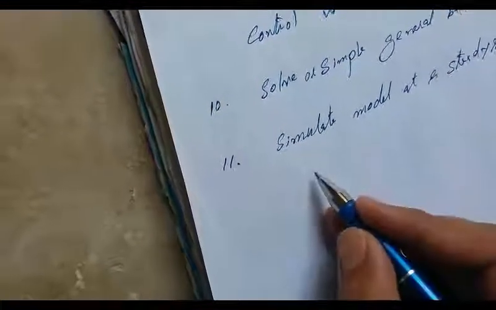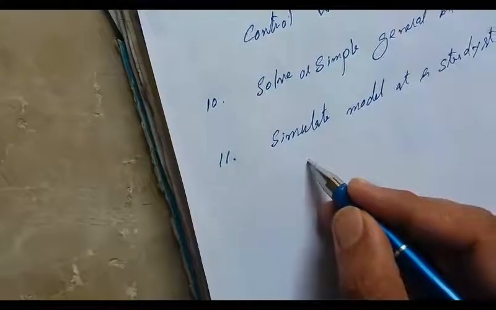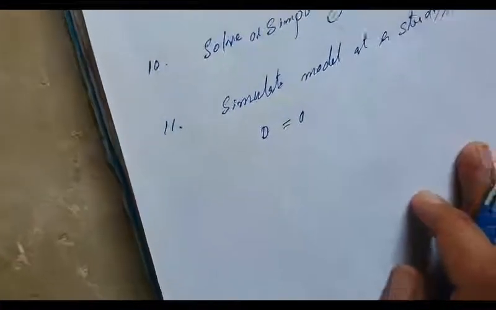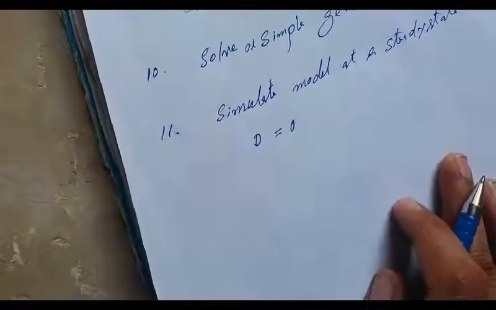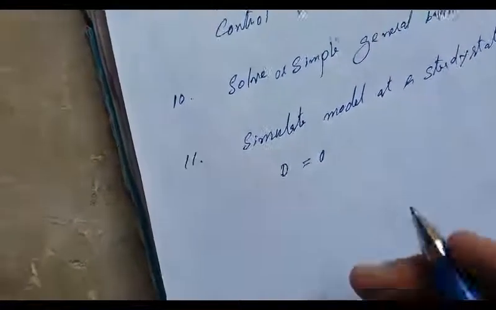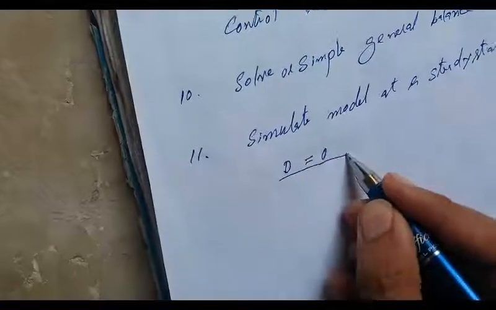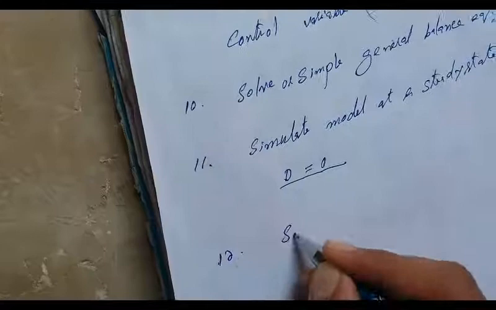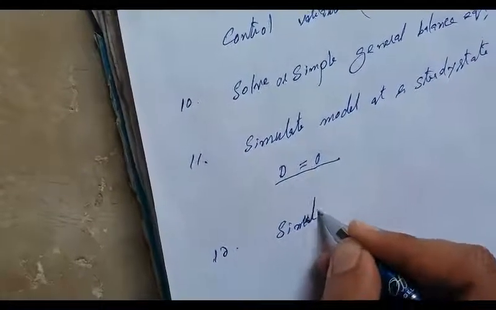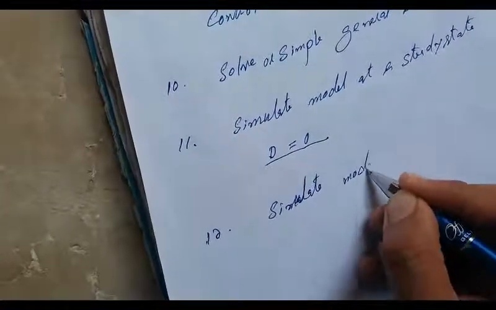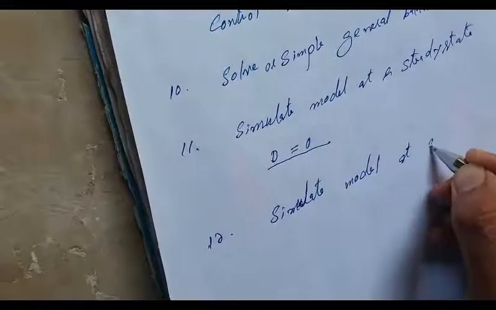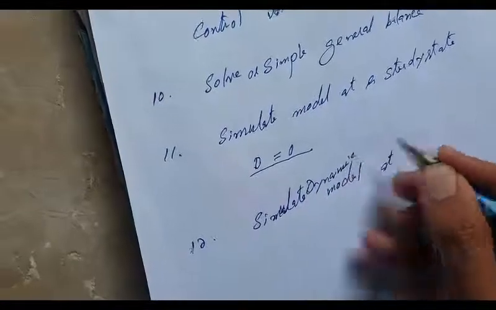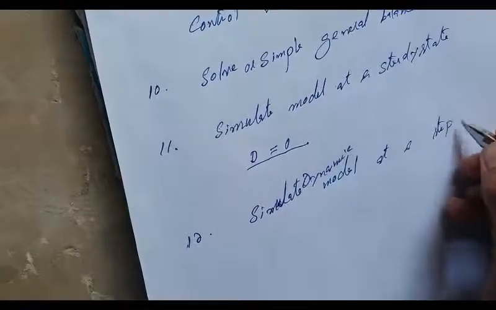In this step, we have an equation, so we make the derivative zero, and then find our equations by making the derivative zero. The 12th step is to simulate the dynamic model at a step input.